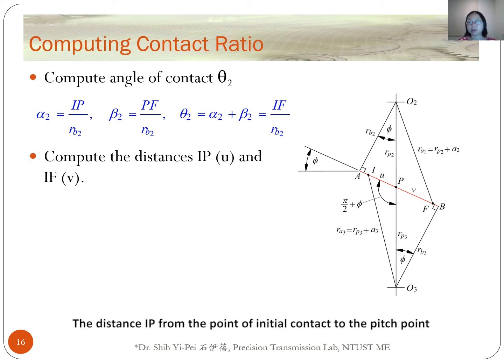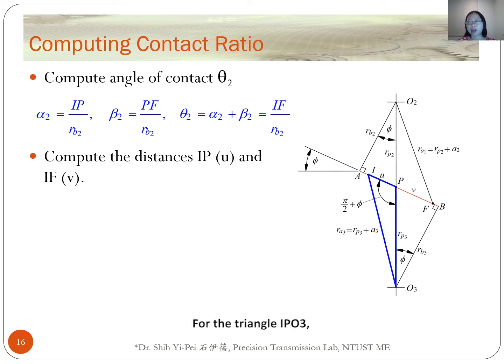The distance IP from the point of initial contact to the pitch point can be computed from the geometry shown in this figure. Variables RB3, RP3, and RA3 are the base circle radius, the pitch circle radius, and the addendum circle radius of gear 3. Here, gamma is the pressure angle, and U is the length IP.